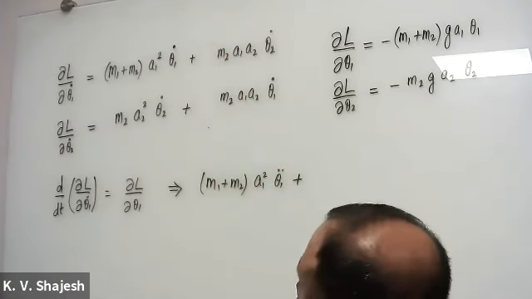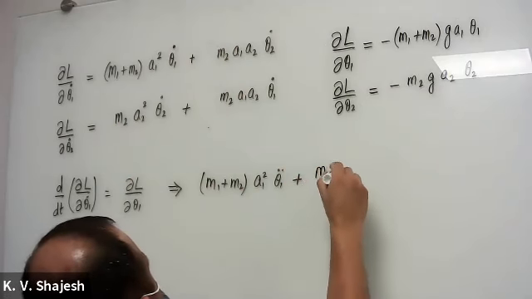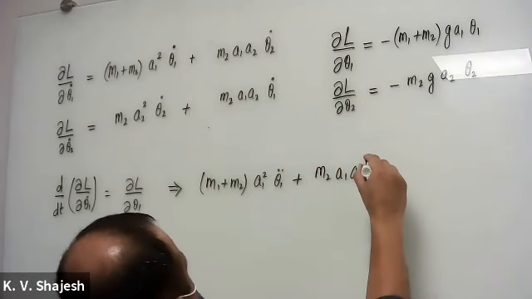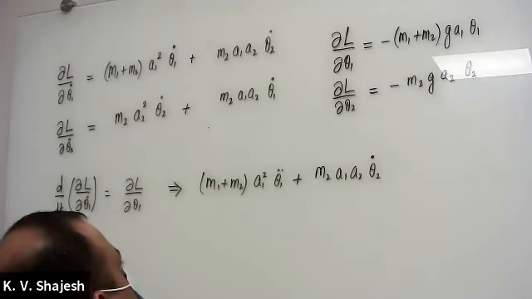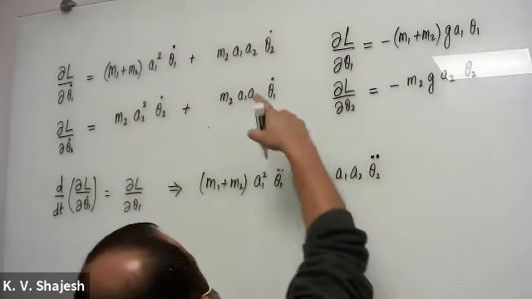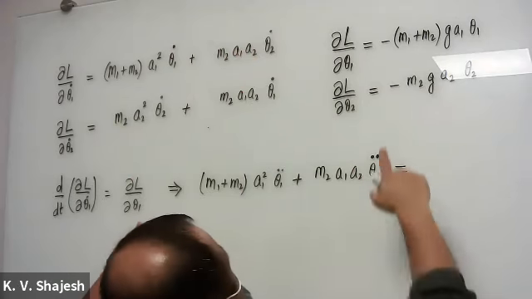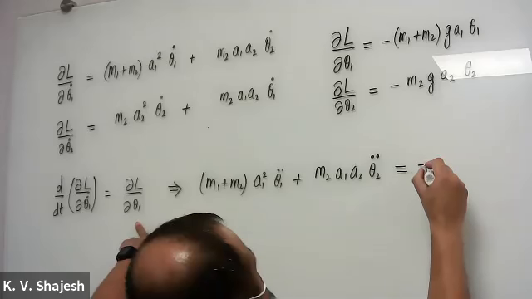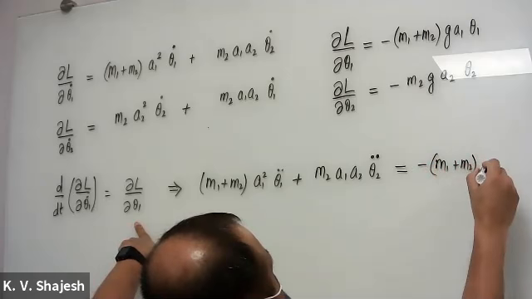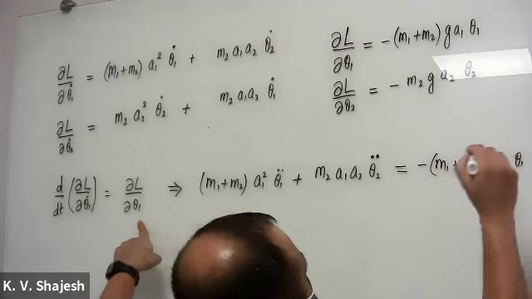Okay. And then you have m2 a1 a2 theta 2 double dot, because I take the time derivative, is equal to dL by d theta 1, so it's minus (m1 plus m2) g a1 times theta 1.